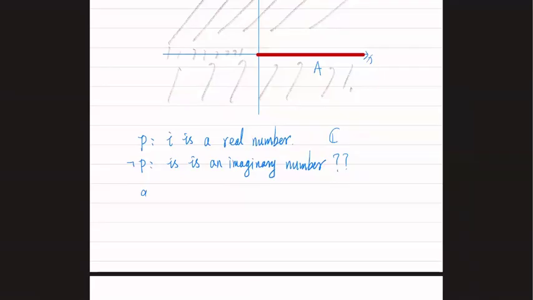Similarly, Q. The complement of Q. Some may say I squared less than 0. The issue is when we talk about complex numbers, the square may not be real. If it's not a real number, we cannot say it's less than 0 or bigger than 0.